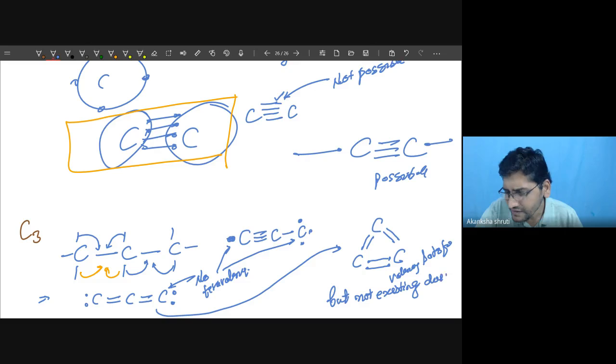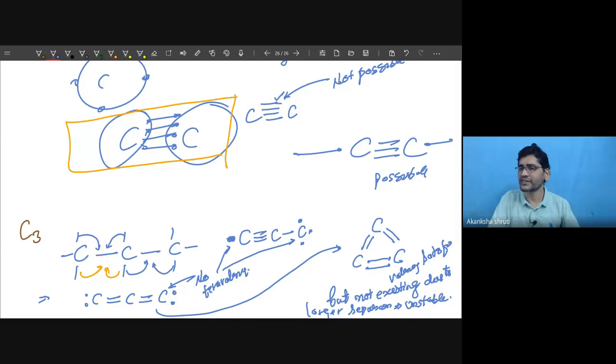Why? Due to larger repulsion. Because of the larger repulsion, it becomes unstable. If anything is unstable, it cannot survive. Get it? So a stable situation is always required.